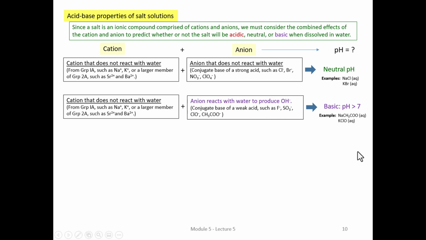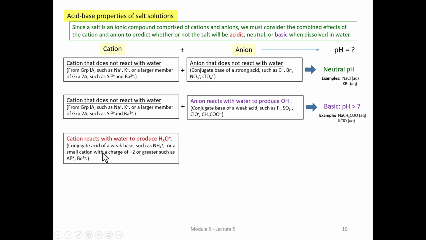A couple of examples: sodium acetate, potassium hypochlorite. In both of these, the metal ions are neutral. They're both in group 1A, but both anions are conjugate bases of weak acids, so they'll form a base in solution.